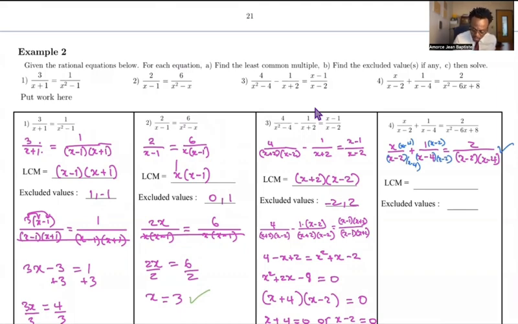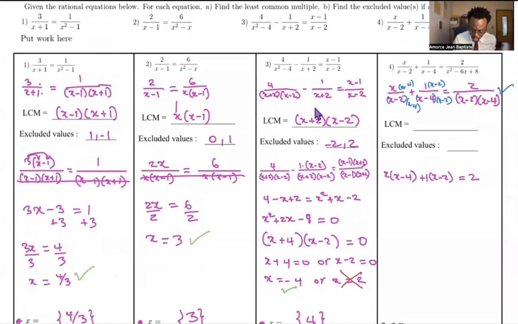So then we're going to have the common denominator, and the expression we're solving is x times x minus 4 plus 1 times x minus 2 equals 2, because we eliminate the denominator. So that's x squared minus 4x plus x minus 2 equals 2.